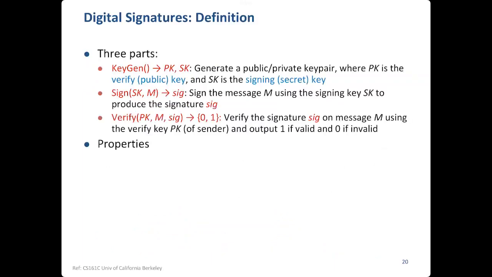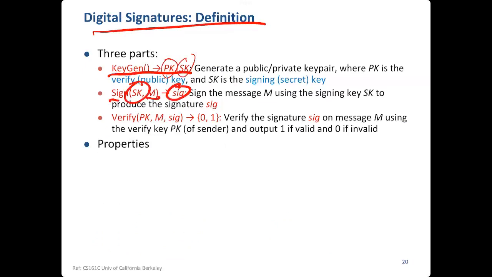Okay, all right. So basically, digital signature has 3 steps. First is key generation, SK and PK. So Alice generates public key and private key. Then she signs message M using her own private key, and that's a signature.